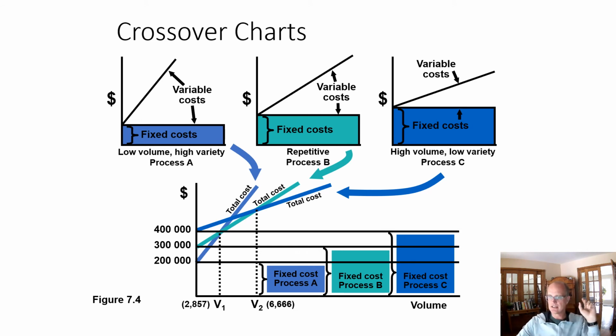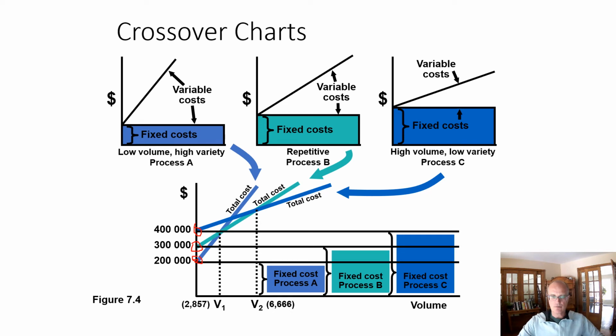There's never a point that the higher fixed cost and higher variable cost process will be cheaper, and we can illustrate that here. So we have process A as the lowest fixed cost. So fixed cost is the startup cost. So when we've produced nothing, the lowest fixed cost is the cheapest.